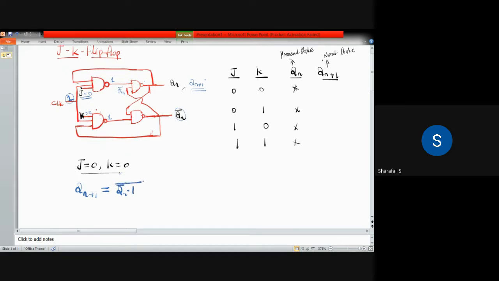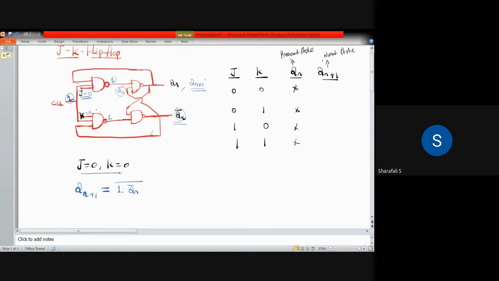So this is the output at 1 dot Qn bar whole bar. I hope you understood this, because we have one here. Qn bar is coming from the previous state, the present state, Qn bar.